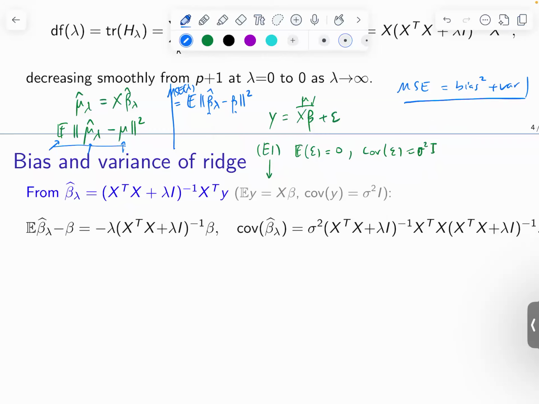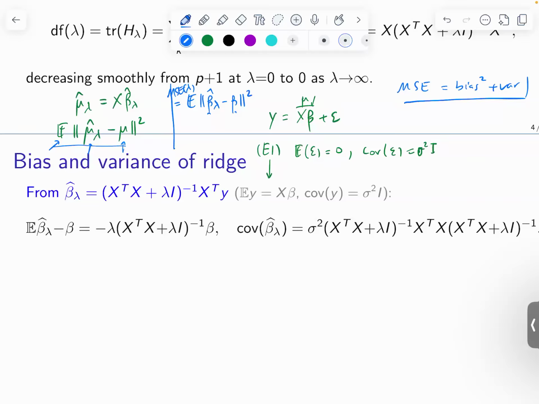So what is the bias? What do you mean when you say an estimator is biased or unbiased? Just remember, what is the definition of the bias of an estimator? Yes, the expectation of the estimator. It's unbiased if the expectation is equal to what you're trying to estimate.